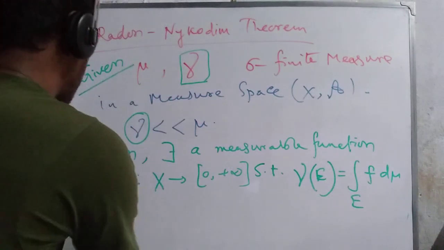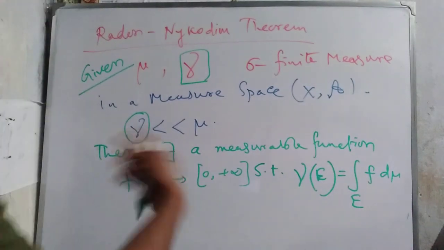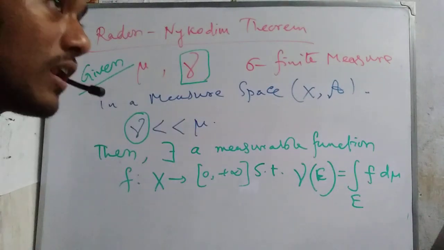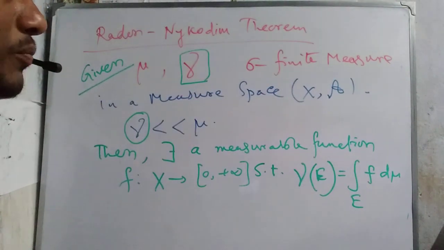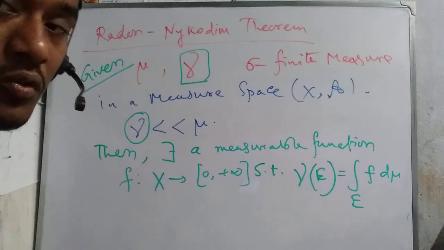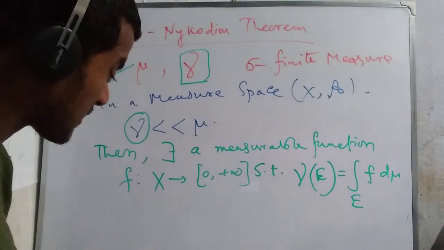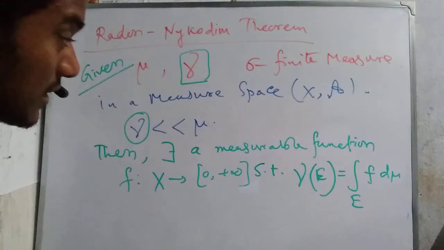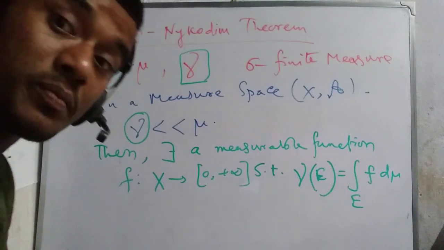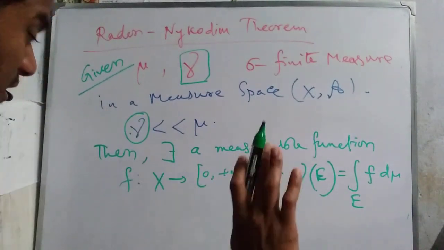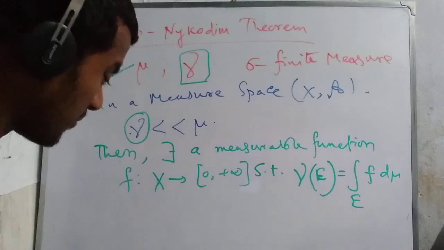That means we get a measurable, obviously real valued, positive function including zero, and its integration with respect to d mu equals d gamma. Do you understand the Radon-Nikodym theorem?